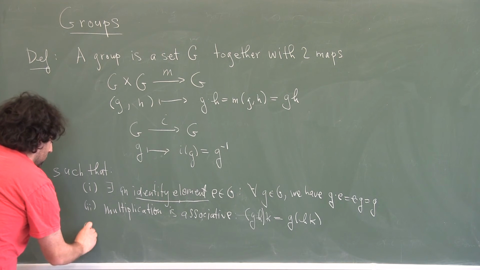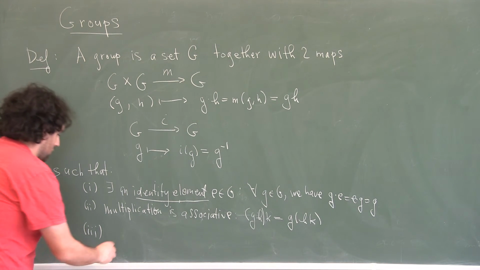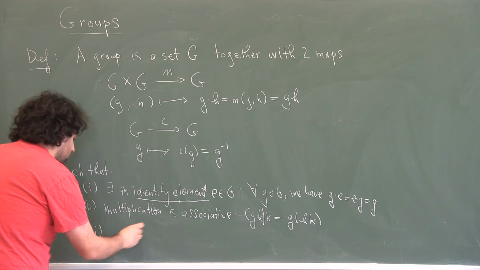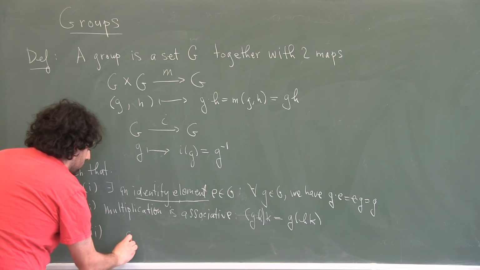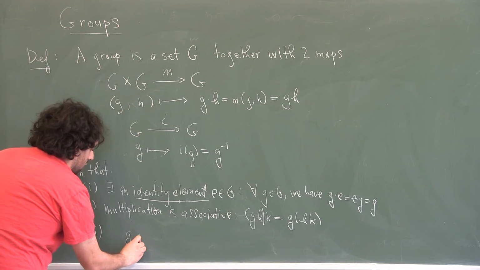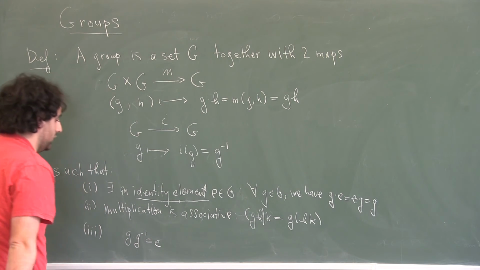And finally, we need a relationship between the multiplication and the inversion. This is given by that if we multiply G times G inverse, then we get the identity element.